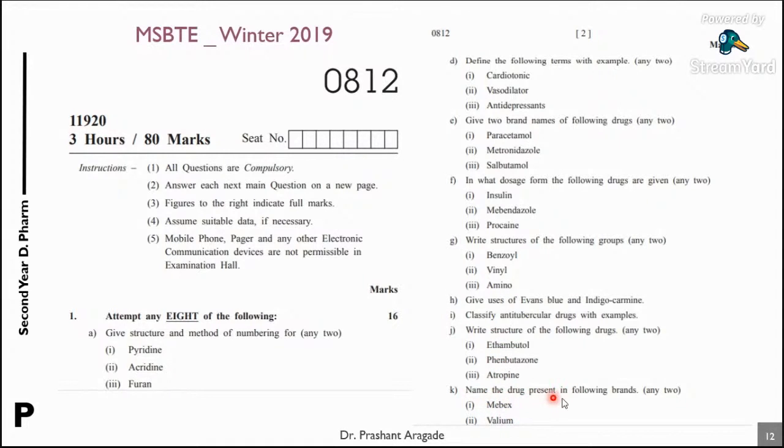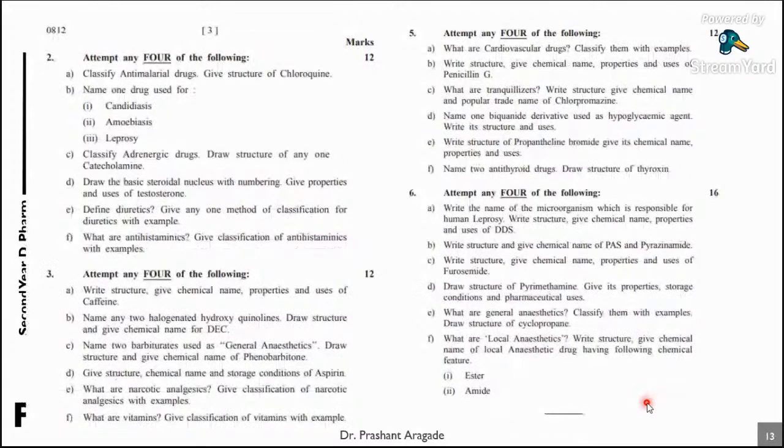Then name the drug present in the following brands. If you go on reading, you will find classification of some of the drugs along with structure, draw the structure and give the properties and uses. If you read it carefully, you will find that you must know the different types of questions asked during the exam.